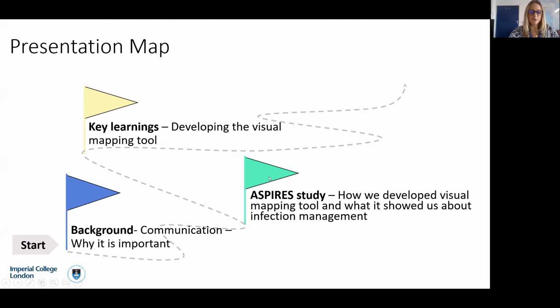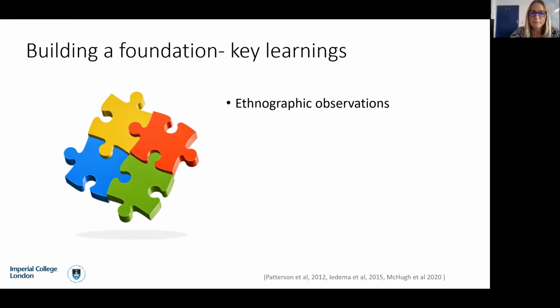Okay, so now going on to key learnings, and really the key things that we've taken forward in developing the visual mapping tool. I think the first one is the importance of ethnographic observations.